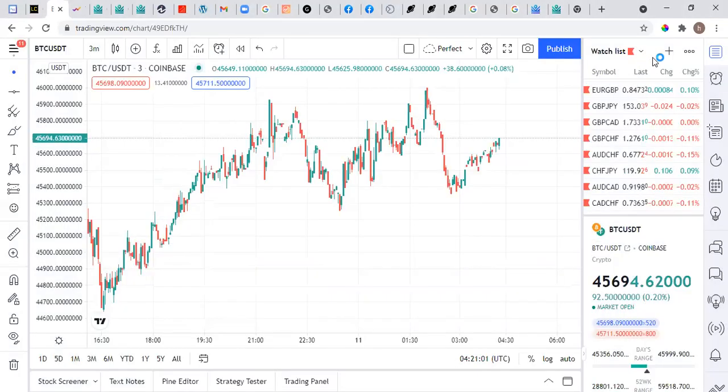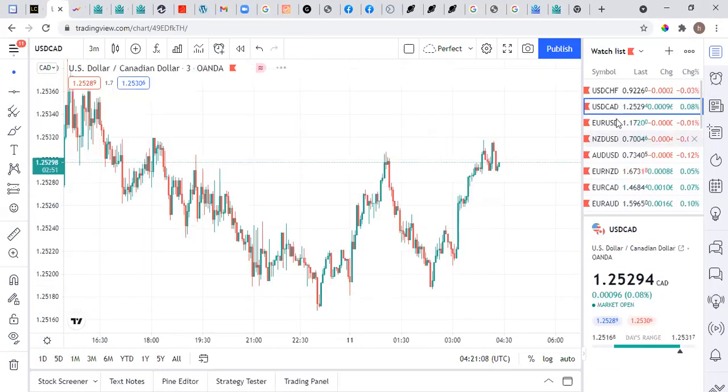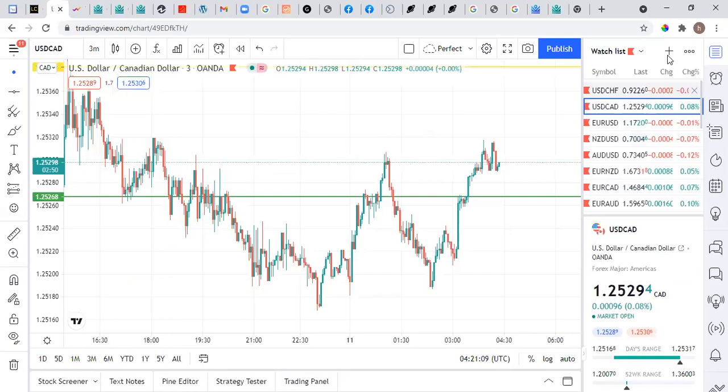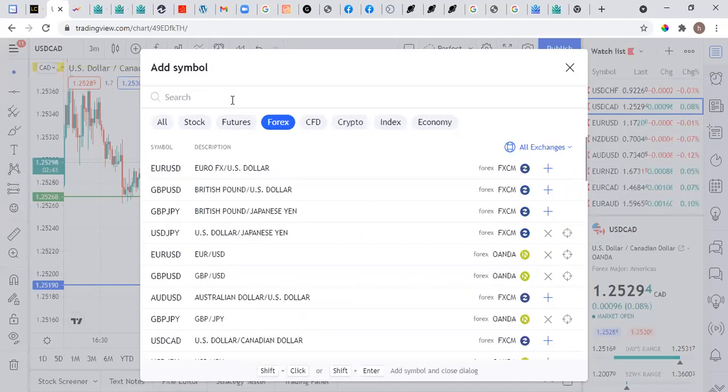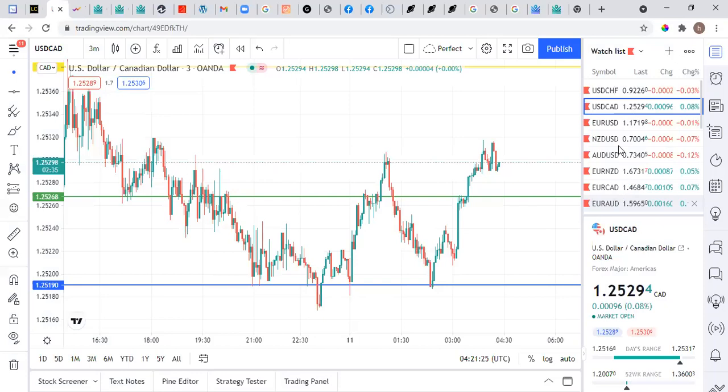Once I add it to my watch list, just like the word watch list, I can easily come and check it out. You can add more to your watch list by just clicking that plus sign and forex, then you search for the currency, and then you click. Once you click, it's going to be added to your watch list.